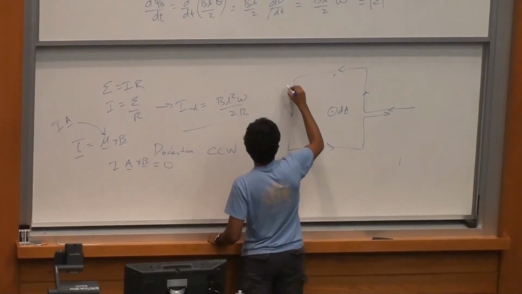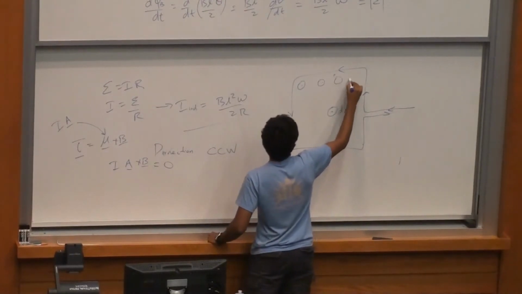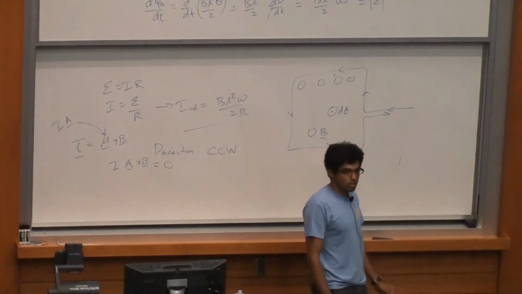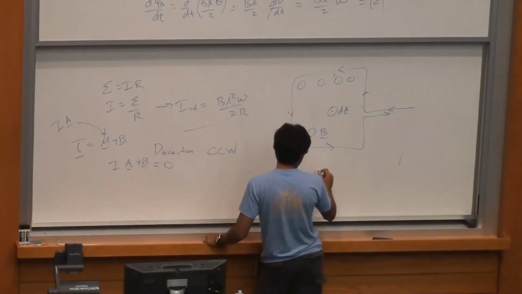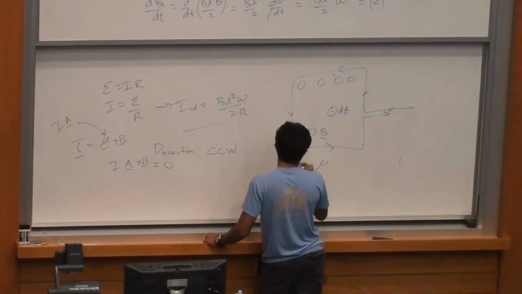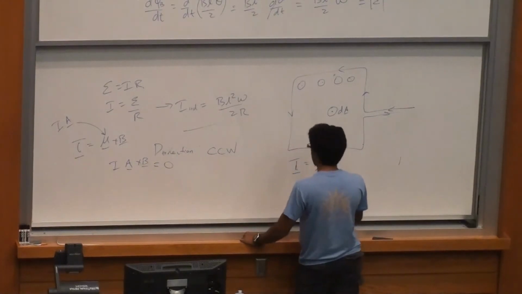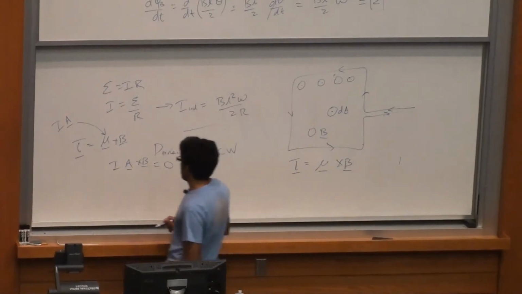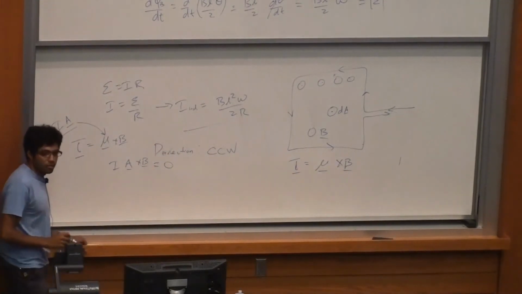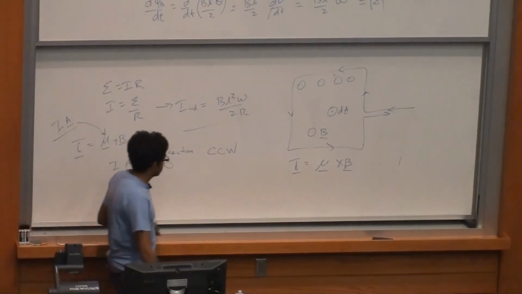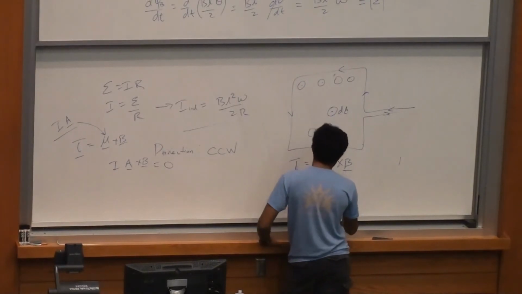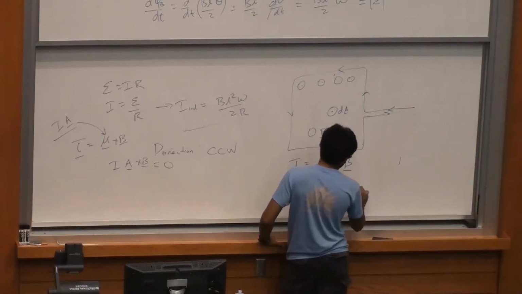My magnetic field is also in the same direction. Now torque is defined by mu, which is the moment, cross B, the magnetic field. Mu is defined as the current times the area vector. So that's the mu vector. What this boils down to is the current I times the area vector A cross B.